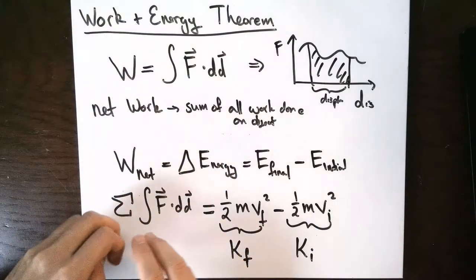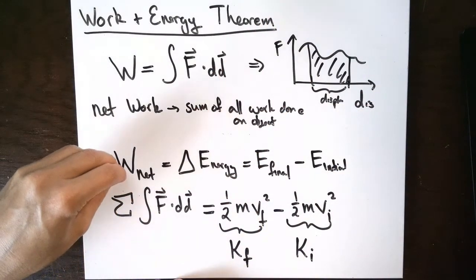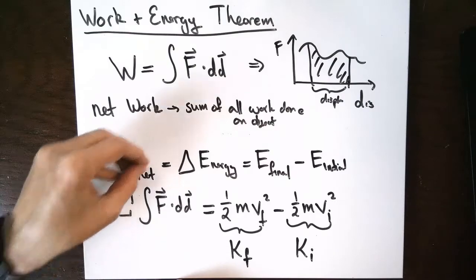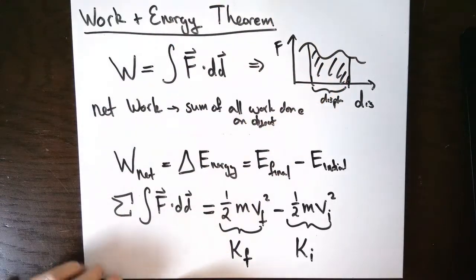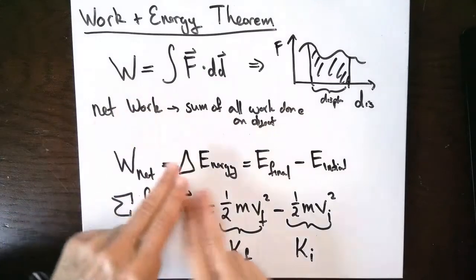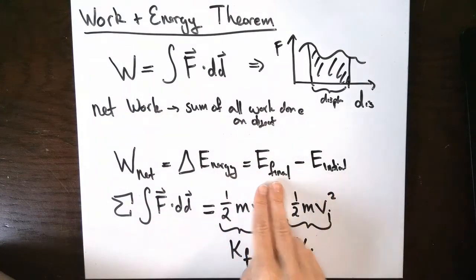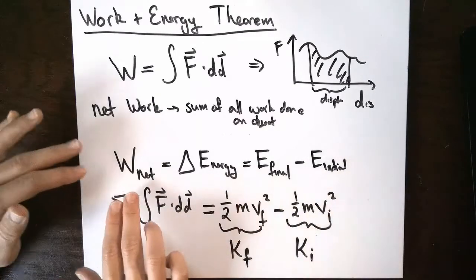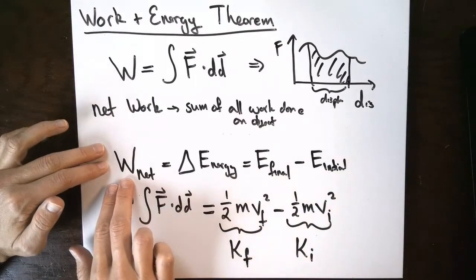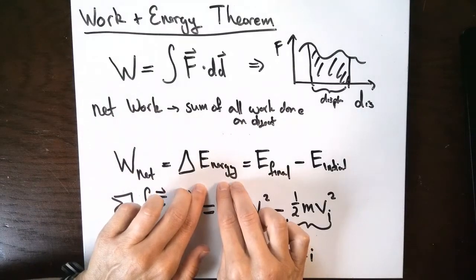Some energies are coming in, some energies are going out. So positive works are energies flowing in, negative works are energies flowing out. And the total of all of that energy flow in and out is going to be, of course, the difference in how much energy the object has at the end versus what it has in the beginning. So energy the object is receiving or losing is equal to the change in energy.